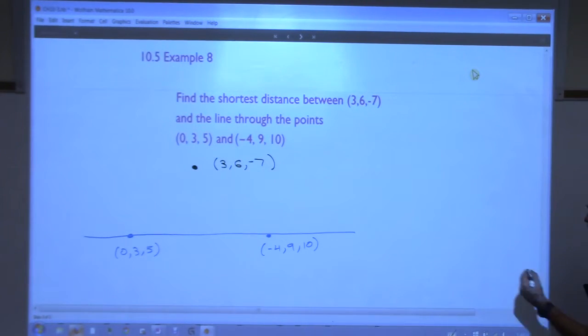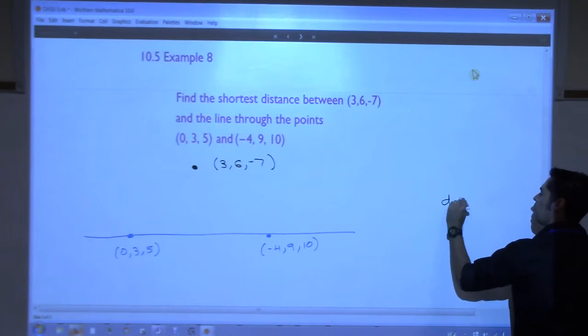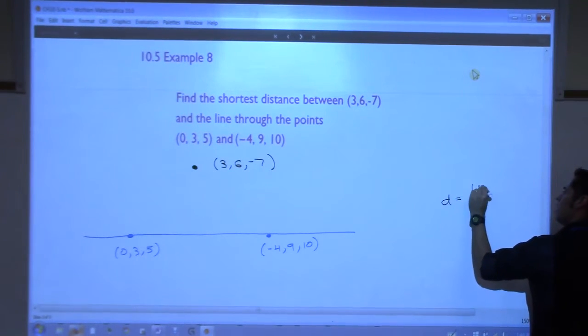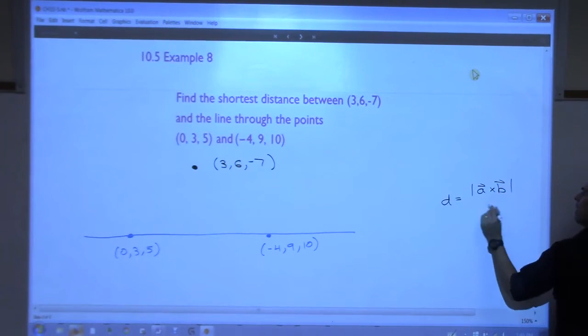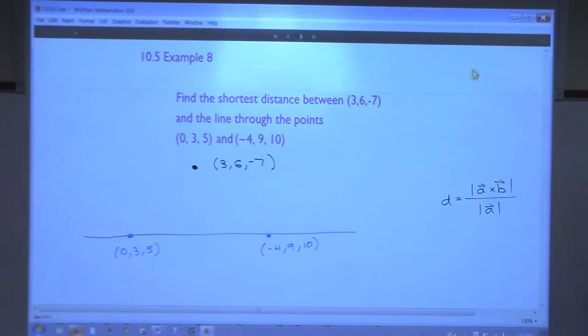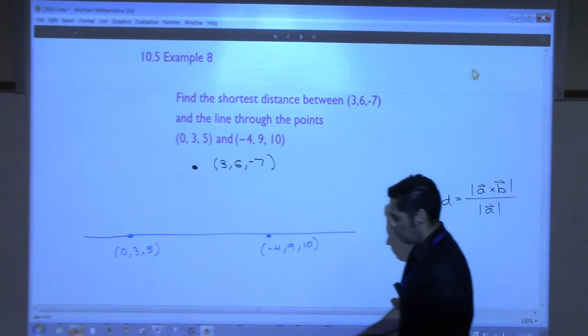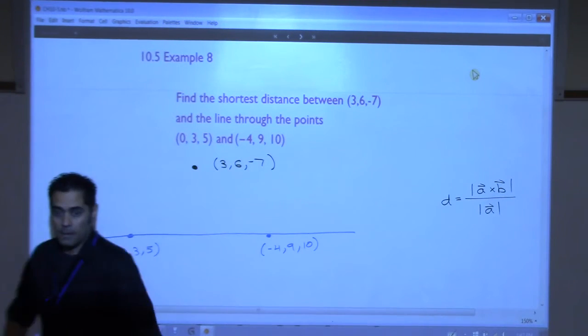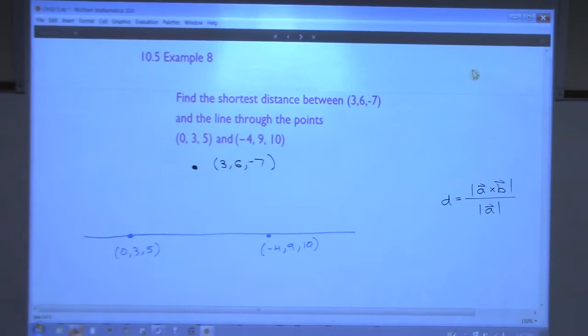According to the formula, the distance will be equal to the magnitude of A cross B over the magnitude of A, right? That's the big formula from this. What's the vector A? How would we get it? Where is it?